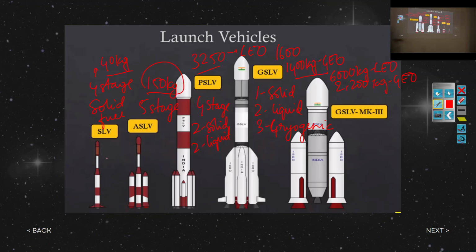So right now we have only till GSLV Mark 3 or LVM Mark 3. So you can write about this. First, SLV, Satellite Launch Vehicle.